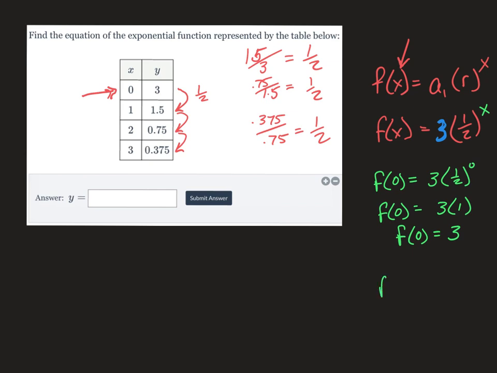If I went to f of 3 and plugged it in, it would be 3 times 1/2 to the 3. When I plug this into my calculator, I should get the value 0.375. So therefore my function will be 3 times 1/2 to the x power.